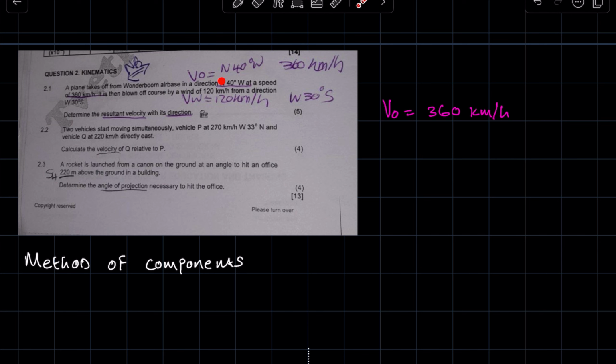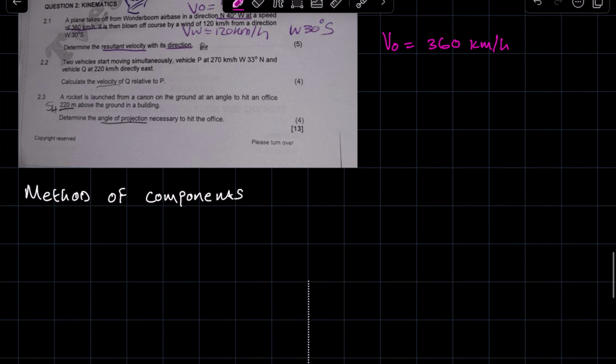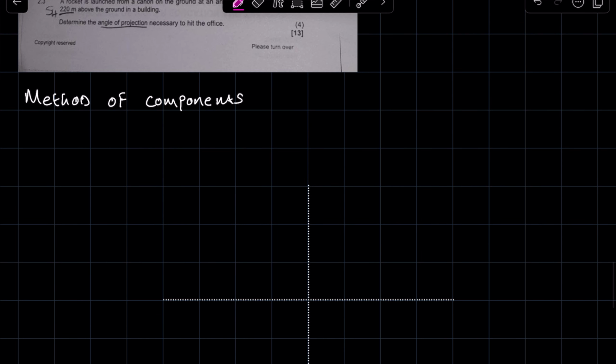So north is the reference for this angle, meaning the 40 degrees is referenced from north, and the plane is going west. So north 40 degrees west would be in this direction.